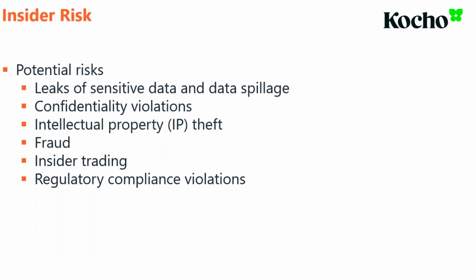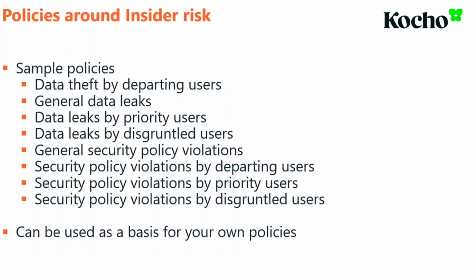But what we are monitoring are whether or not they've suddenly started downloading a lot of files, which they wouldn't do normally, or whether they're pushing files up to Box and Dropbox using a personal account rather than a corporate account. So the policies that are available include things like data theft from users who have already been identified as leaving, general data leaks, things that are getting out by mistake, priority users, whether they're doing things that you wouldn't expect them to do, and so on.